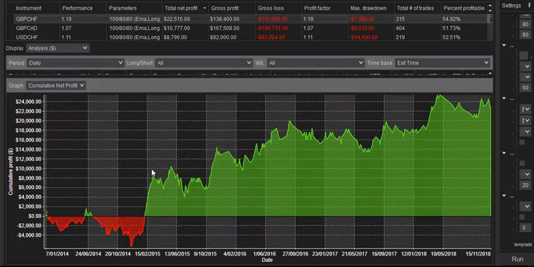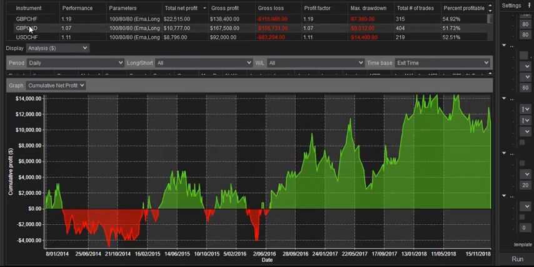You can see here, even on the Pound Chief, we did have a time where this strategy wasn't actually turning over a profit, and then it kicked in profitability as you went along. So again, depending on when you picked up this strategy and ran with it would also depend on your profitability. So go down to the Pound CAD. Same thing there. We've got moments of profitability and unprofitability.